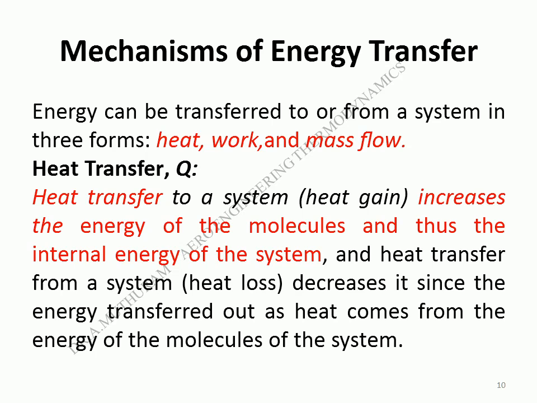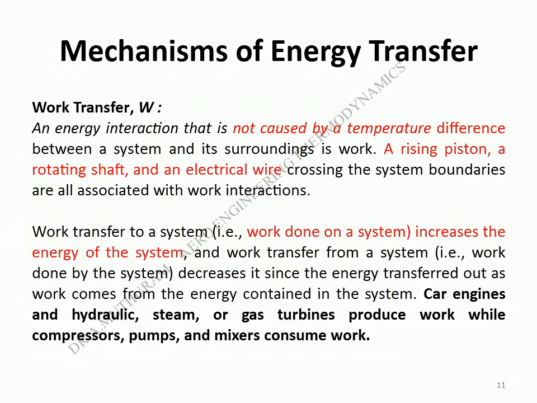Heat transfer Q. Heat gain increases the energy of the molecules and thus the internal energy of the system, and heat loss from a system decreases it since the energy transferred out as heat comes from the energy of the molecules of the system. Work transfer W.